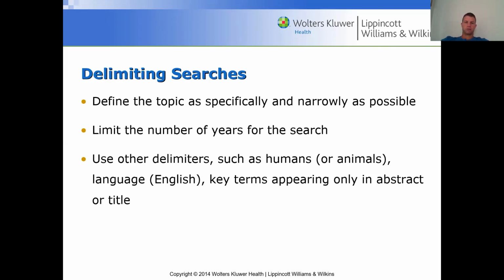Again, humans are animals, right? So if you're looking at the effects of certain things, like artificial sweeteners, there's stuff that we've done on humans and stuff we've done on animals.